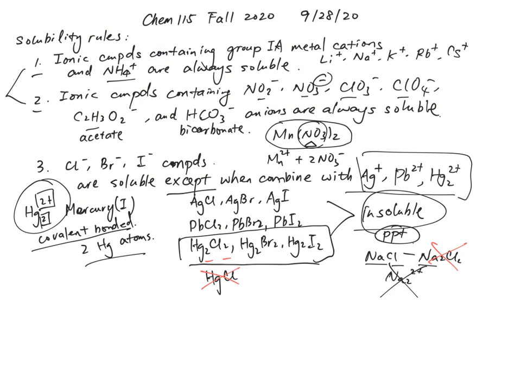So although this looks like a 2 to 2 ratio, this is essentially a 1 to 2 ratio for these three compounds. It's 1 Hg2 2 plus ion and 2 chloride, bromide, or iodide ion. It's essentially a 1 to 2 ratio.